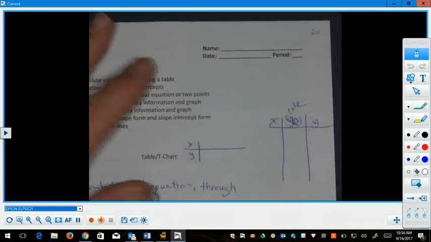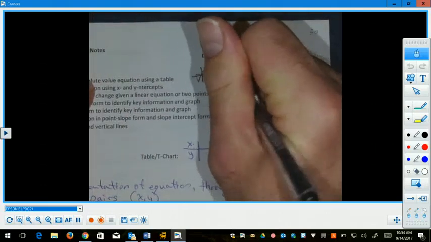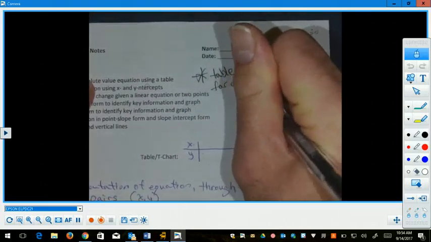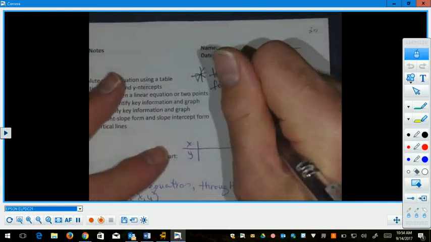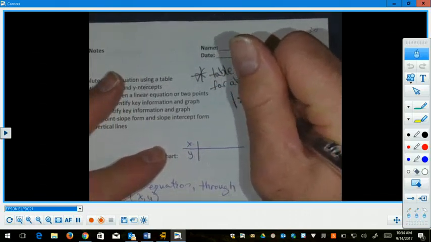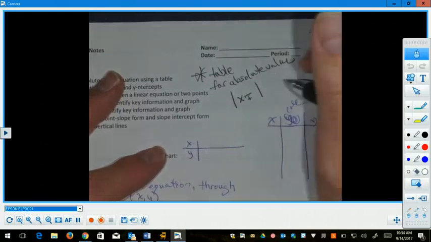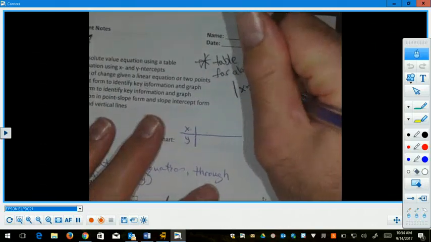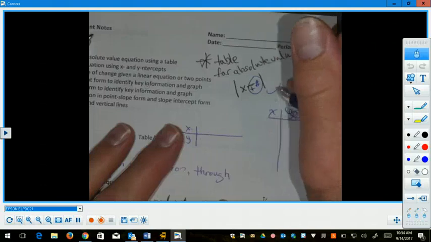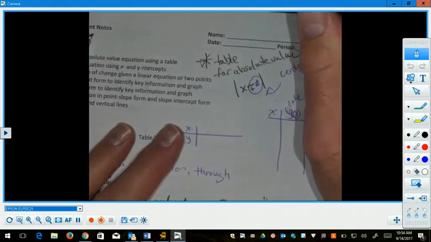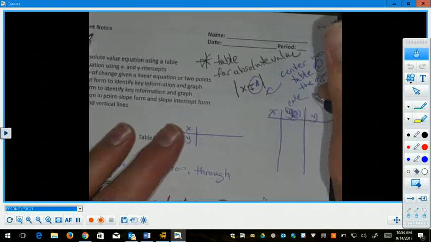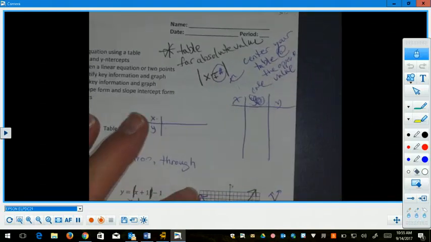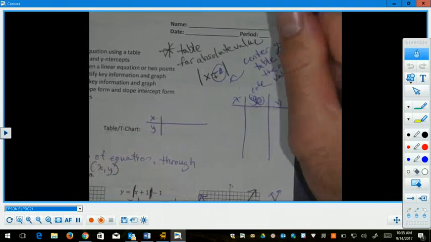So a note that you may want to make when you're graphing or doing a table for absolute value is that whatever is the opposite of what you see in the parentheses, as long as it's a plus or a minus in there, whatever number this is, you're going to center your table at the opposite value.